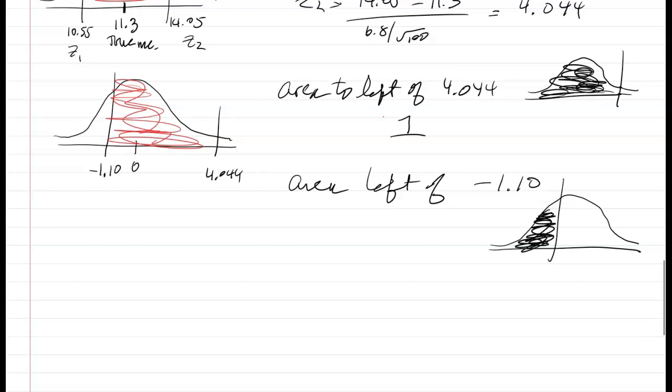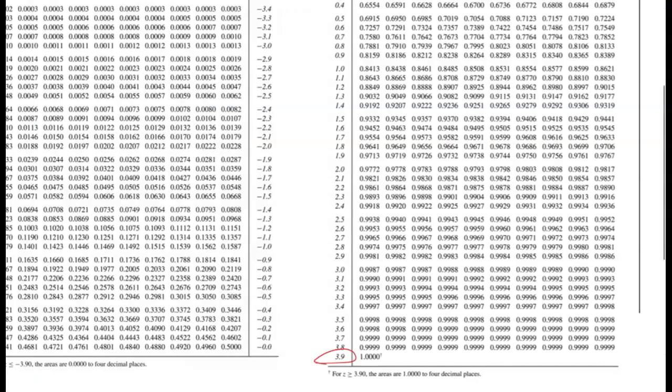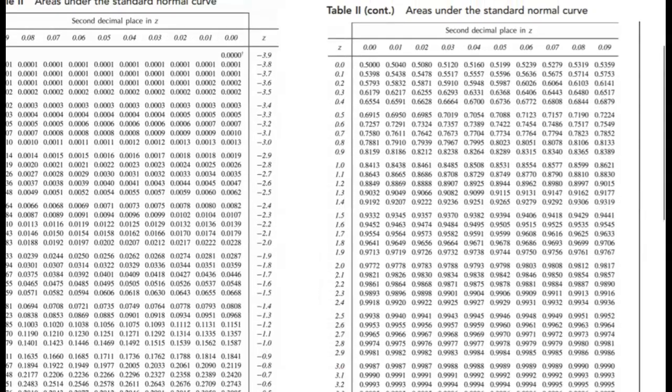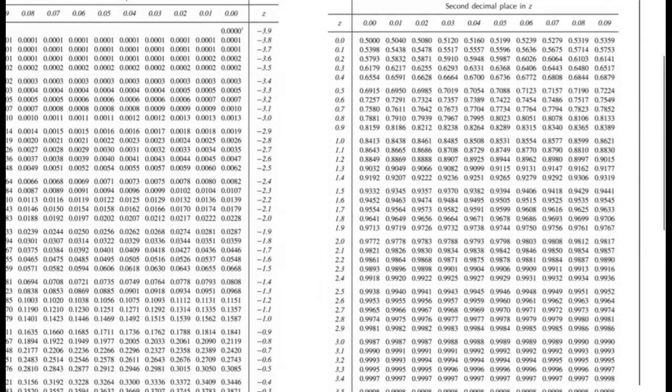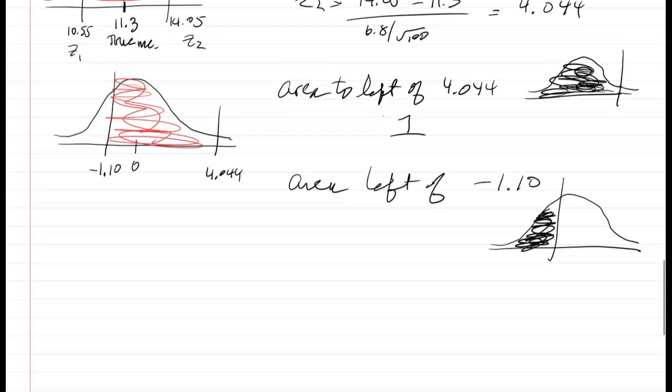And if you recall, what you do is take the area to the left of the 4.044 and subtract the area to the left of the negative 1.10. So we go back to our Z chart and look up negative 1.10, which is right here. The area is 0.1357.